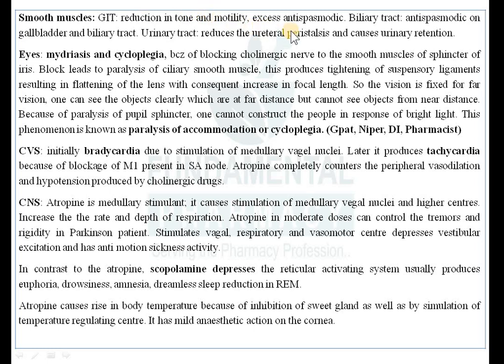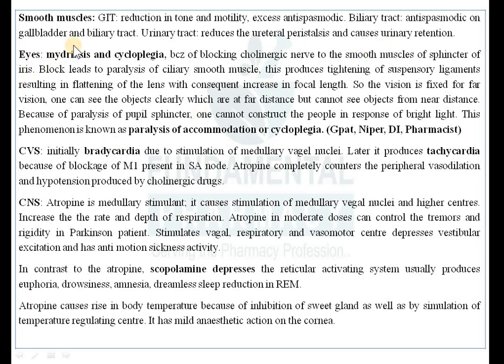Then it will cause excess antispasmodic effect, means it will dilate the smooth muscle of your GIT. So biliary tract पे same, biliary tract will be dilated. Then again urinary tract, it will reduce the urethral peristalsis and cause urinary retention.